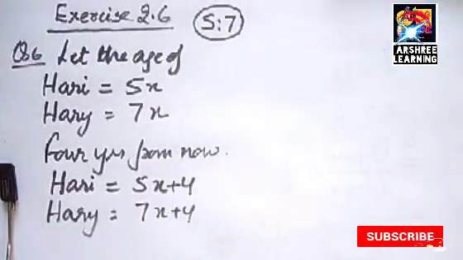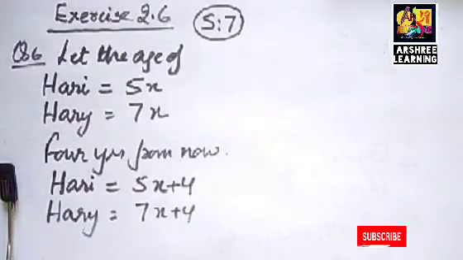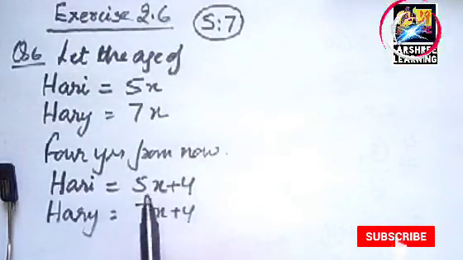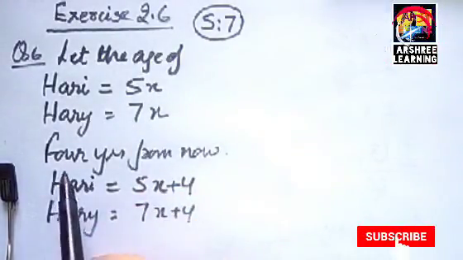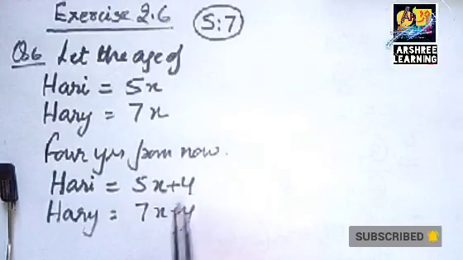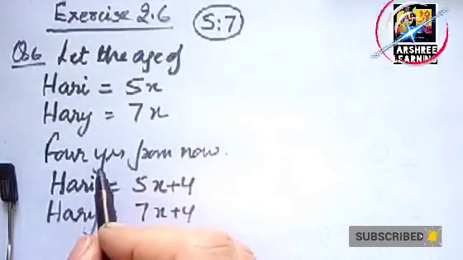Because we are finding the age of both the people and the age is added, therefore we will add 4 to the age of both. First it was 5x and 7x. After 4 years it will become 5x plus 4 and 7x plus 4. So this is the age after 4 years.